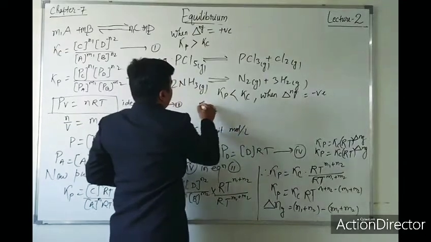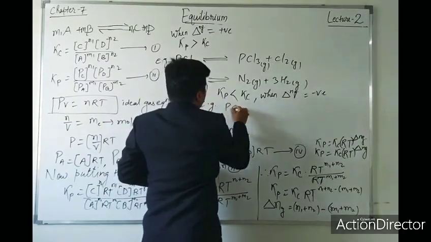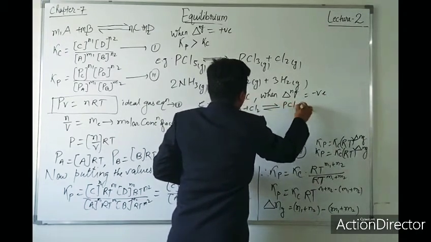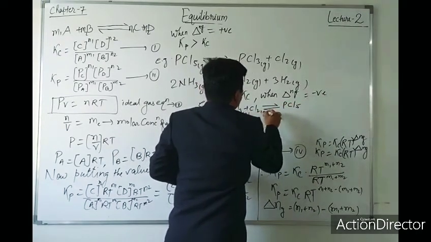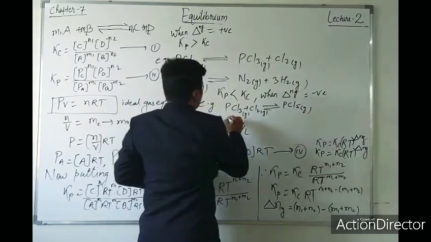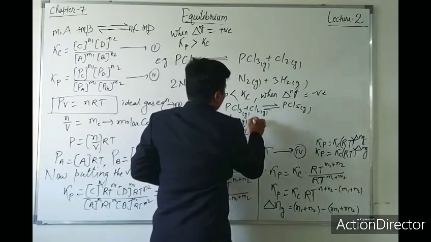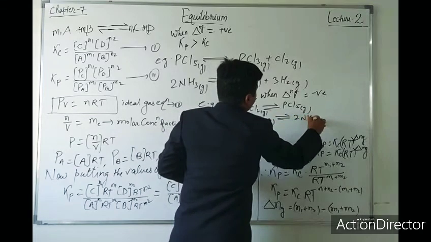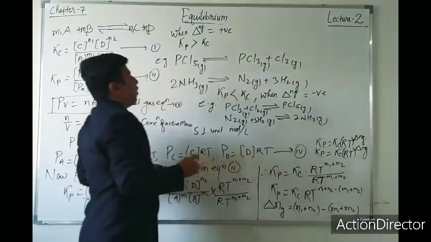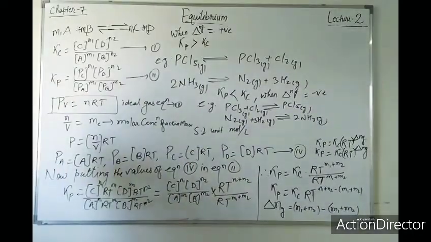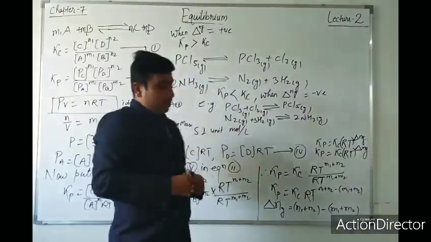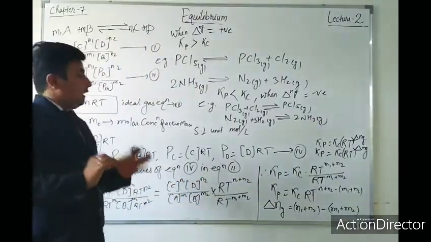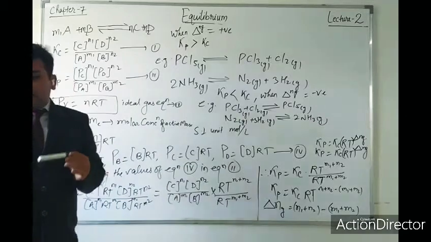As for example, PCl3 plus Cl2 gives PCl5. All are in the gaseous state. Similarly, for NH3 also, N2 plus 3H2 is equal to 2NH3, right? So remember the SI units. If anybody asks you, Kp is in atmospheric pressure and Kc in mole per liter. I hope you have understood about these things.